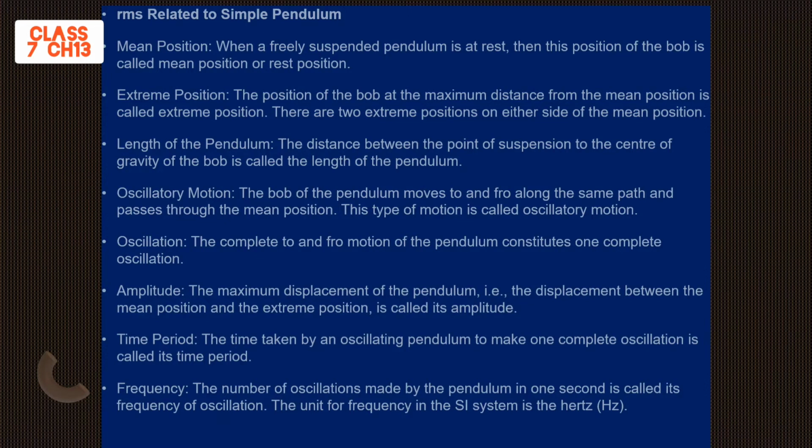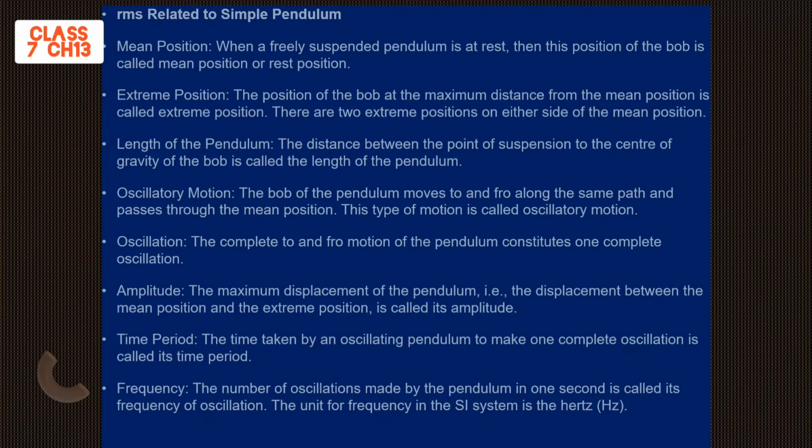Coming to extreme position, the position of the bob at the maximum distance from the mean position is called extreme position. There are two extreme positions on either side of the mean position. Coming to the length of the pendulum, the distance between the point of suspension to the center of the gravity of the bob is called the length of the pendulum.